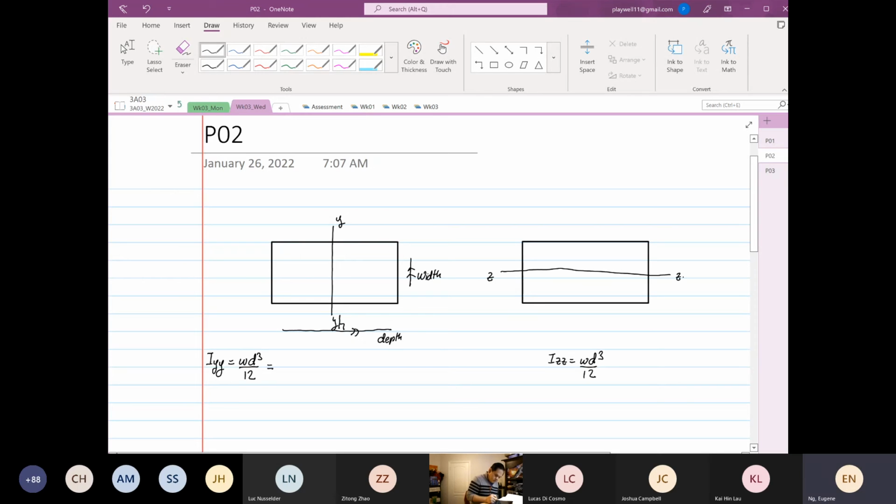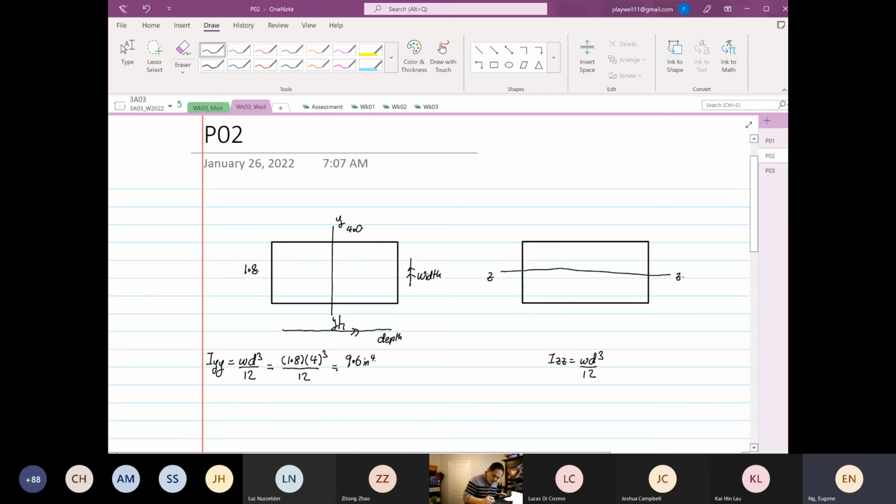For this case, the height is 1.8 and this is 4.0, so the width is 1.8. The depth is 4 cubed over 12. So this will be equal to 1.8 times 4 to the power 3 divided by 12, which is equal to 9.6 inch to the power 4.